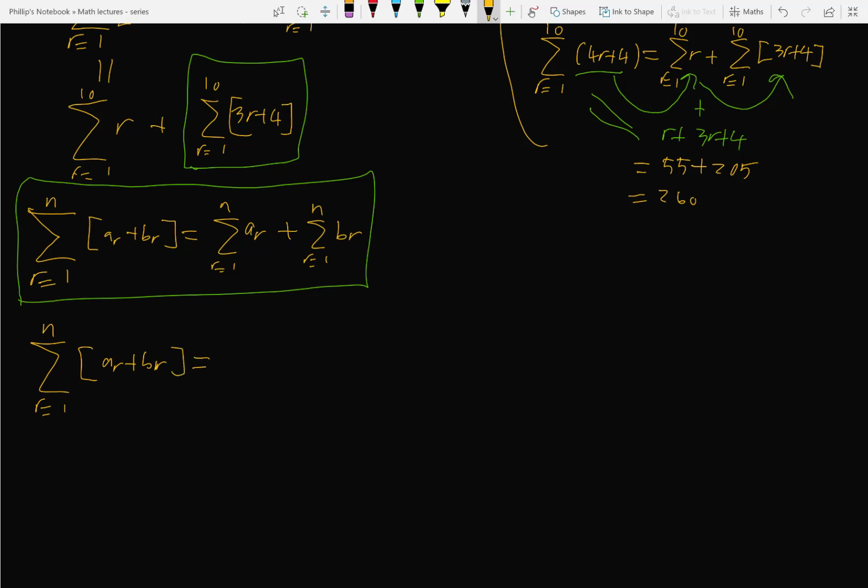So it is going to be equal to a1 plus b1 plus a2 plus b2 plus a3 plus b3, and all the way, I'm not going to write everything down, but all the way to a_(n-1) plus b_(n-1) plus a_n plus b_n.